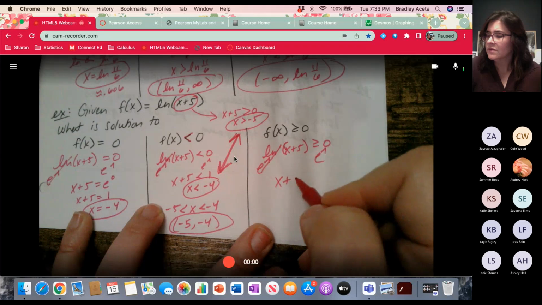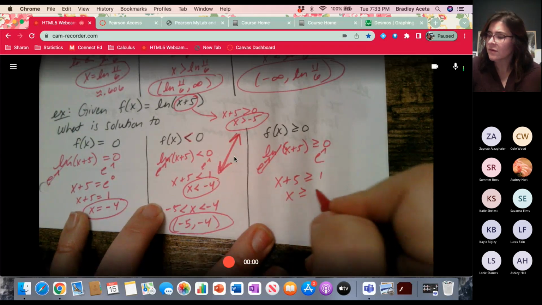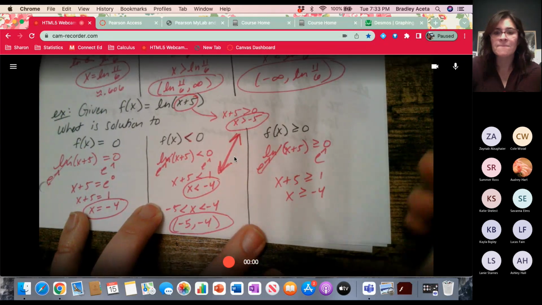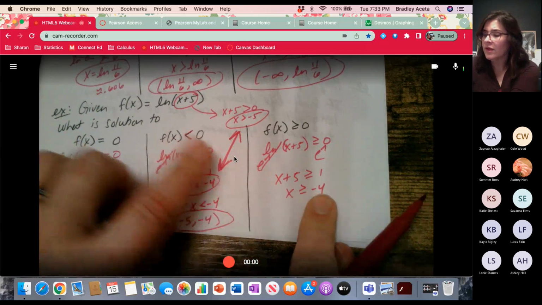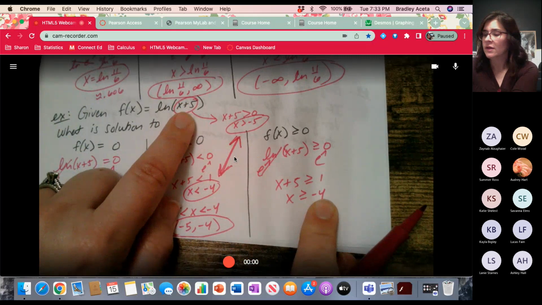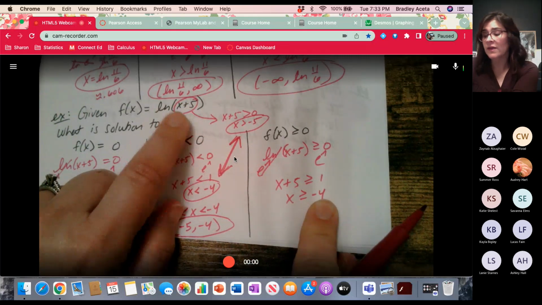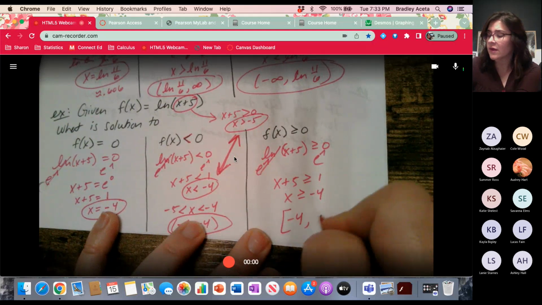We get x plus 5 is greater than or equal to 1. So x is greater than or equal to -4. Now, I'm allowed to be -4. If I plug -4 back into the original, I won't get a problem here. -4 plus 5 is 1, and the ln of 1 is equal to 0. So I am allowed in this case to equal -4.